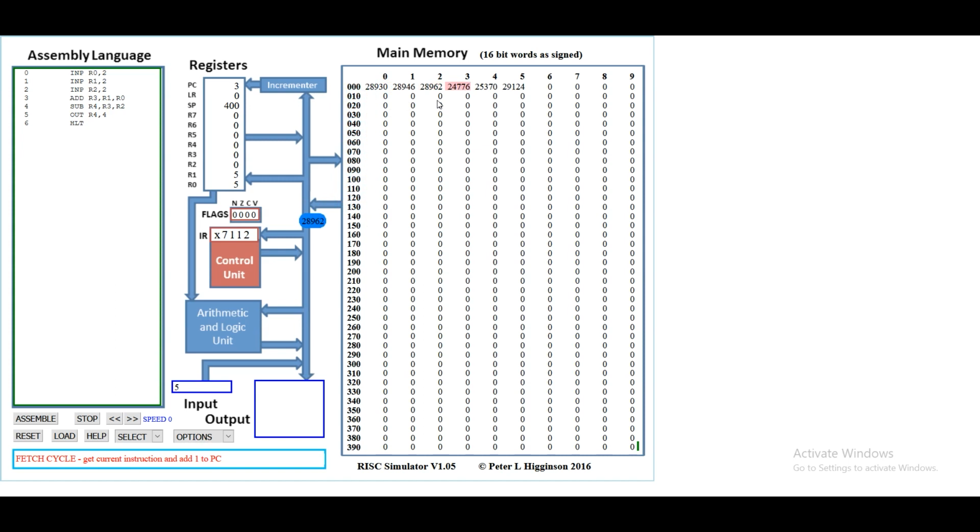The instruction register decodes this instruction and control is passed to the CU to execute the instruction, which is to demand the user for the next input. In this case, I'm pressing the number 2. This number 2 gets stored in R2.